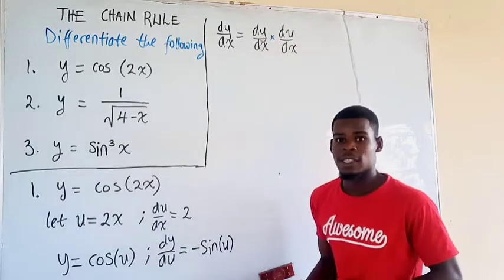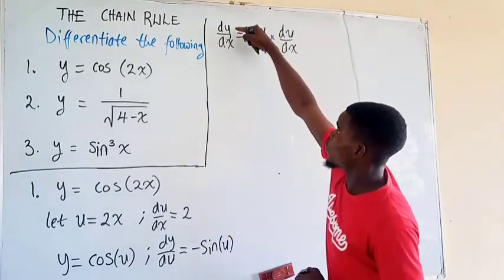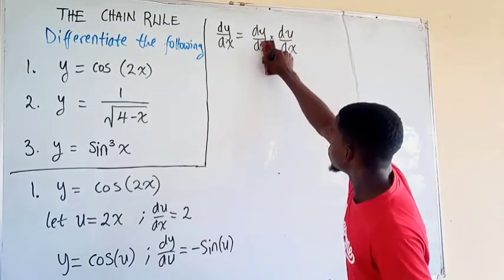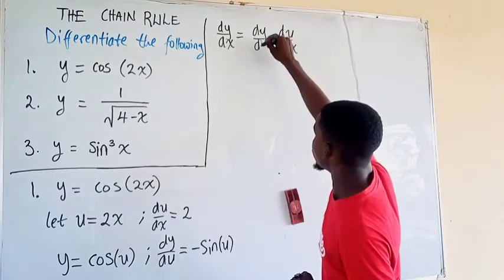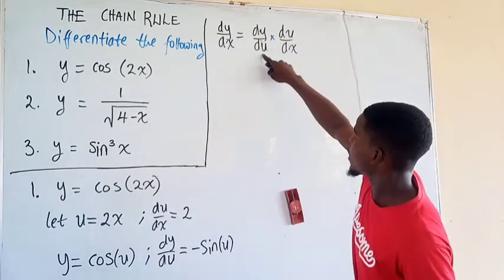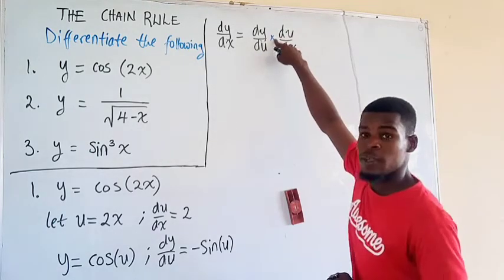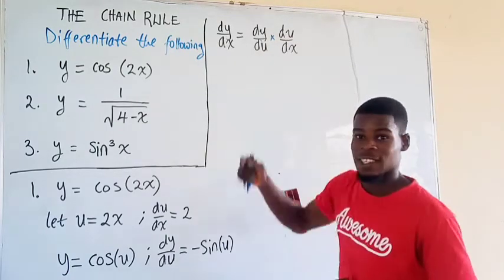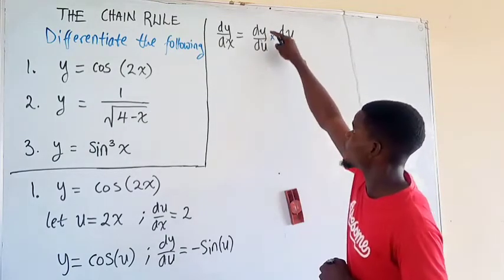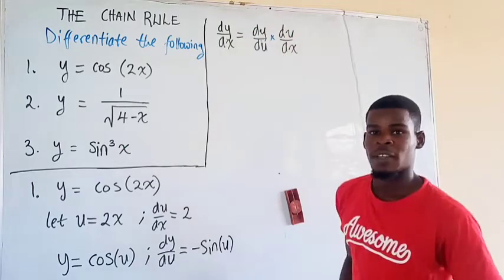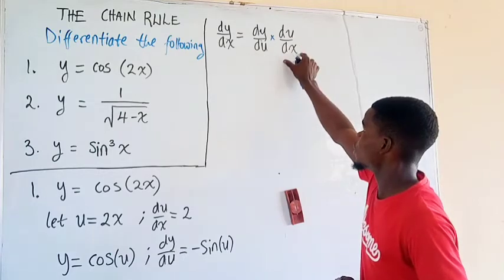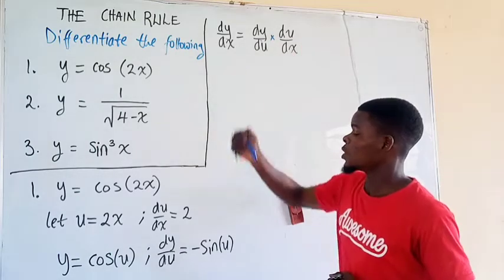And if you visualize this set of fractions, dy/dx is dy/du times du/dx. So if you visualize these two fractions, since this is a multiplication, this denominator and this numerator are the same. If we kind of cancel them, all right, we will get back dy/dx. Good. But we are not just going to cancel it, so we are going to substitute this term and this term and multiply them together. That will give us the result.